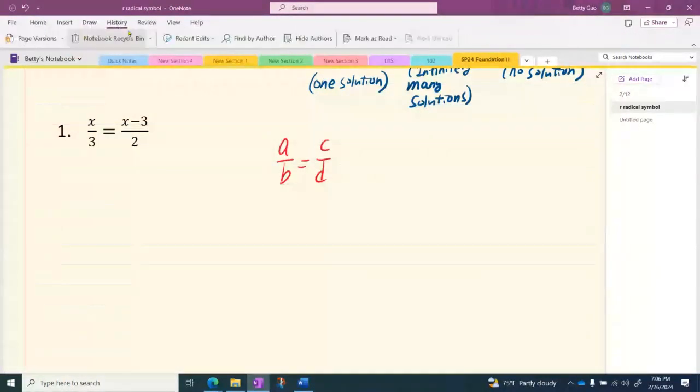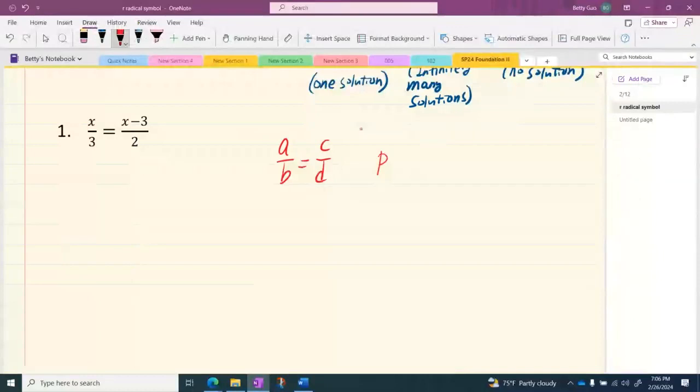You might remember that from before. Proportion is just another kind of special-looking equation. What is a proportion? It's a butterfly shape. In the middle, we have the equal sign, right? The equation has this structure. In the middle, we have the equal sign.